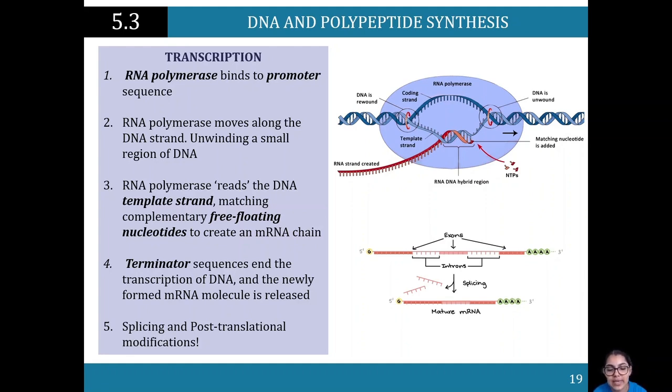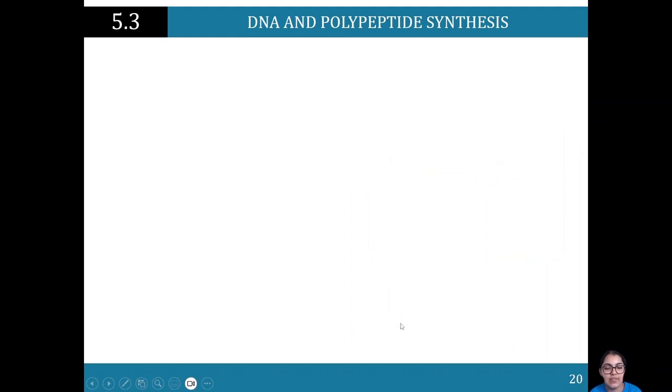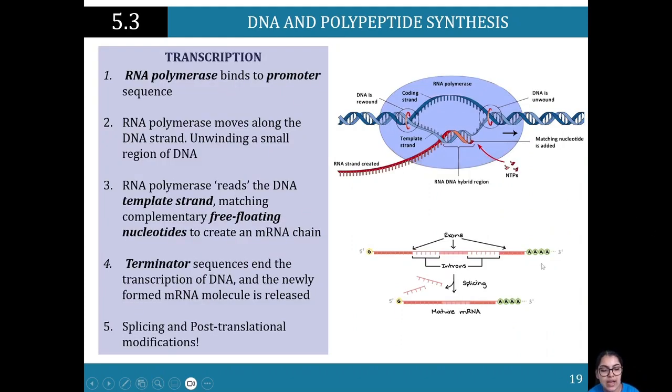So once we have our strand here, we realize, for example, we may not need some of these introns, some of these things here that don't actually code for protein. So we can splice them out, we can cut them out, and that way we only have the RNA that we need, because it's in RNA form. It's mRNA, so it's a mature mRNA. Mature mRNA is when it has gone through its post-translational modifications.